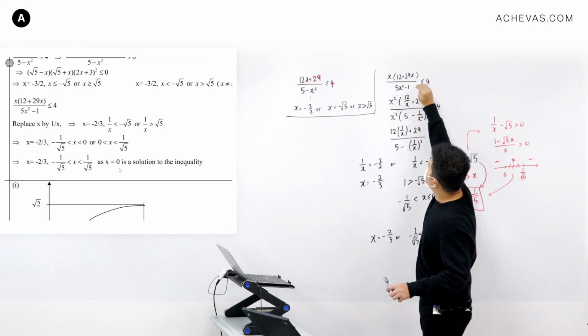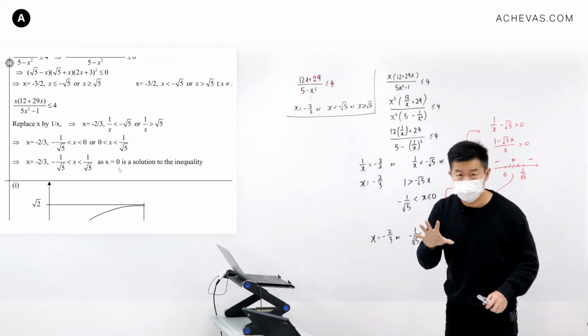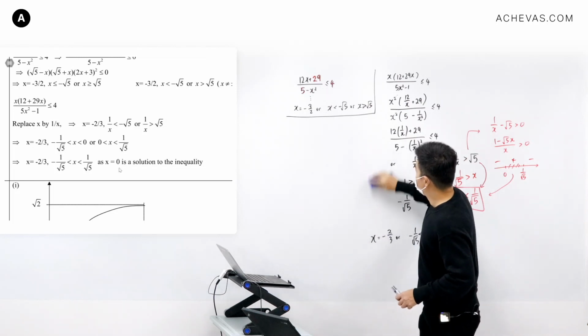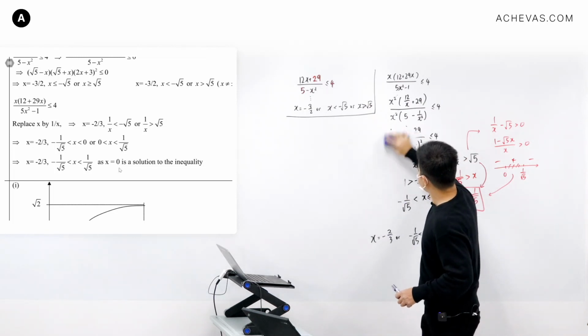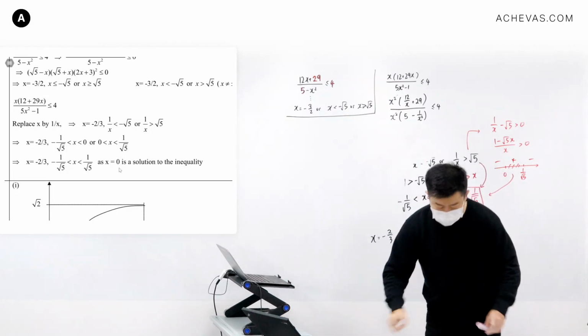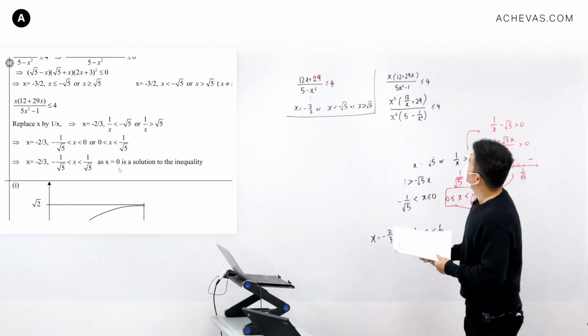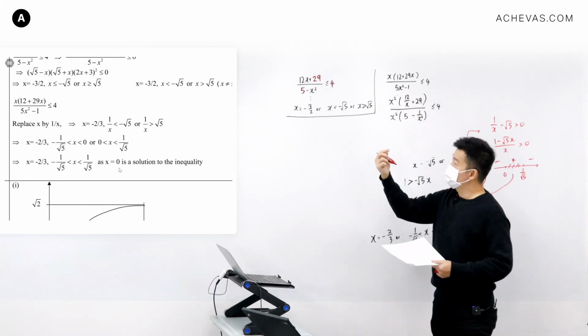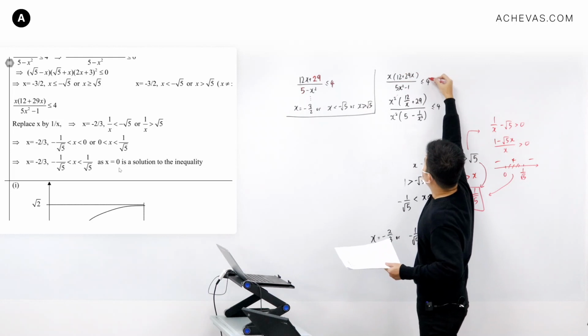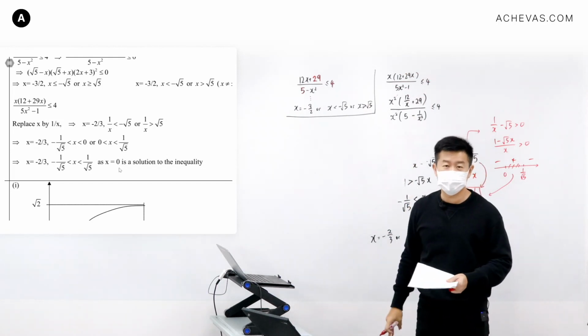What if I were to solve this using a graph? Let me show you the graph. I've already sketched it myself. You don't have to sketch this. Let me just very quickly do a sketch. I can draw the graph in 2 ways. I can draw the graph of the left-hand side, y1, and I can draw y2 as 4, then I can solve the inequality.